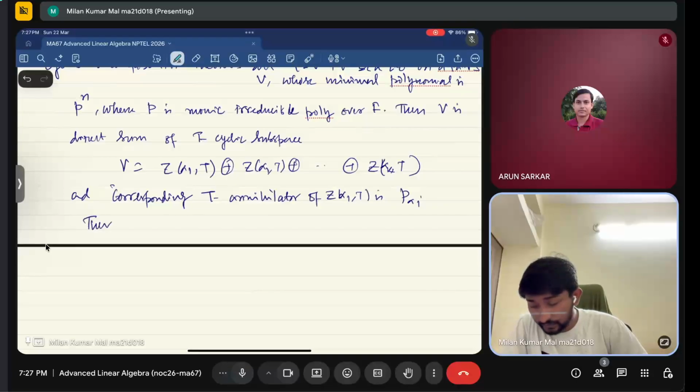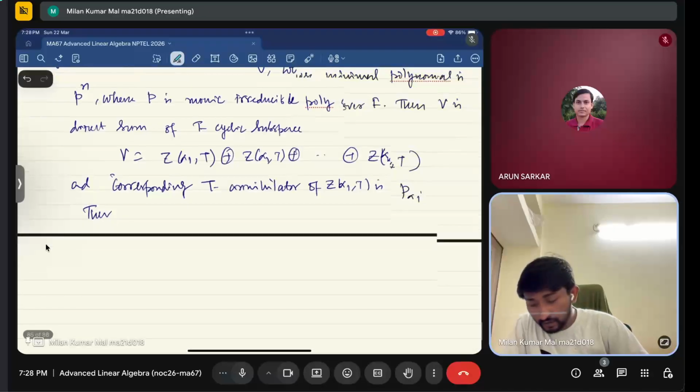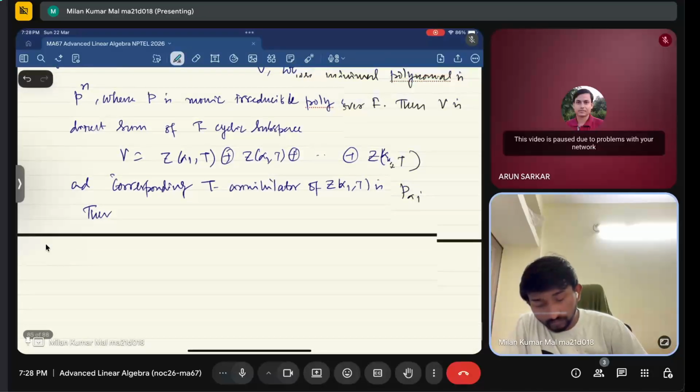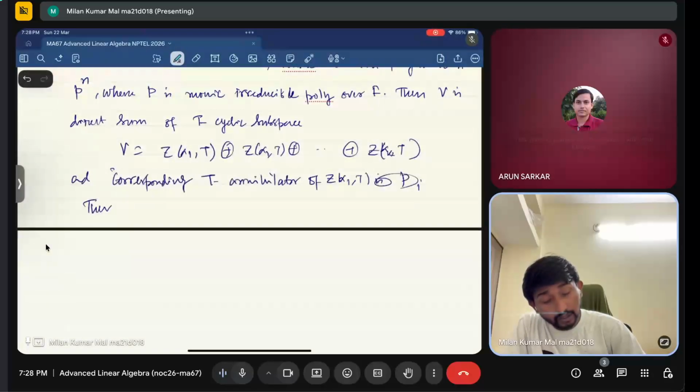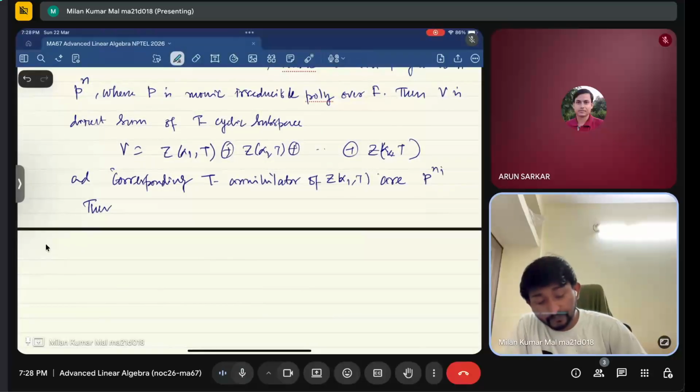So the corresponding annihilators are, and this will be the interesting fact, P to the power n1 all the way to P to the power nk.